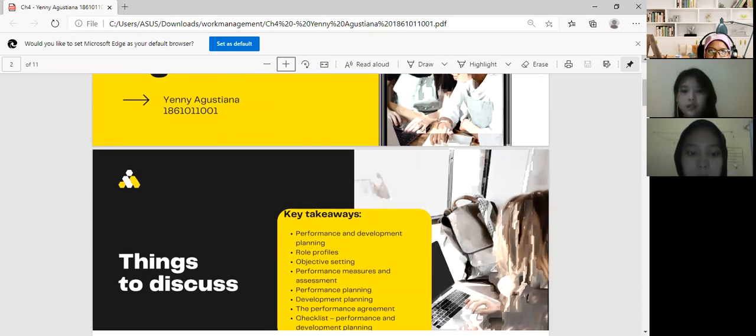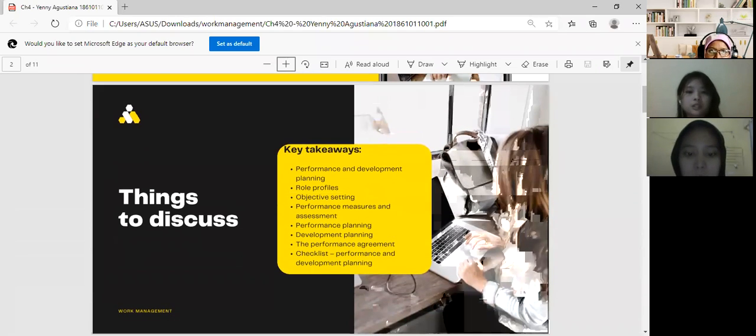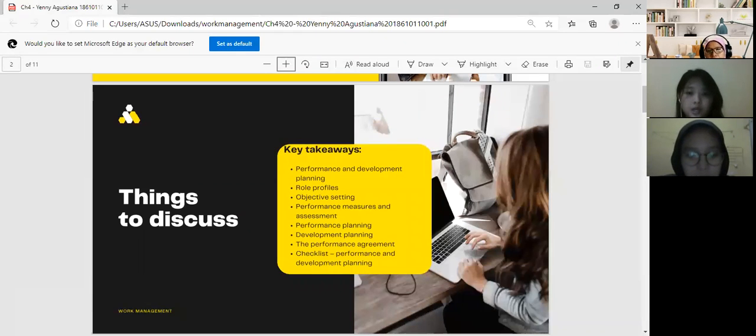Wait. Talking about this one, you can see on the PPT. This is the learning objective, or what we want to discuss. First, how to define performance and development planning.